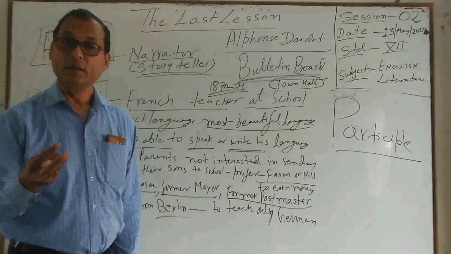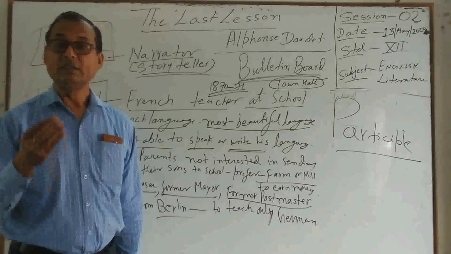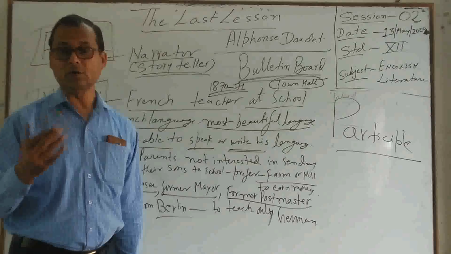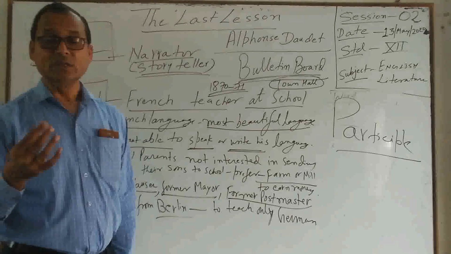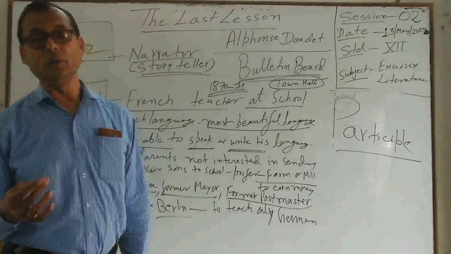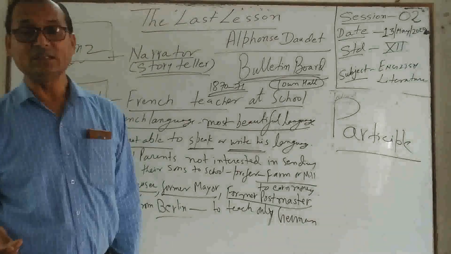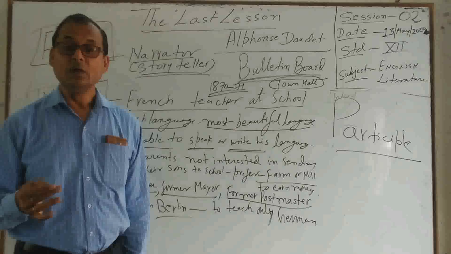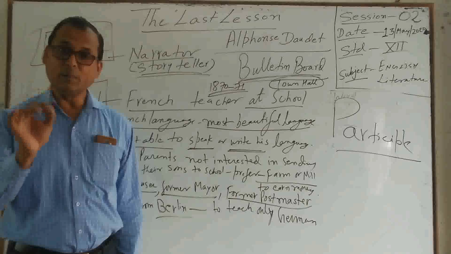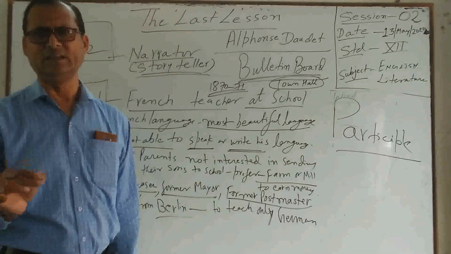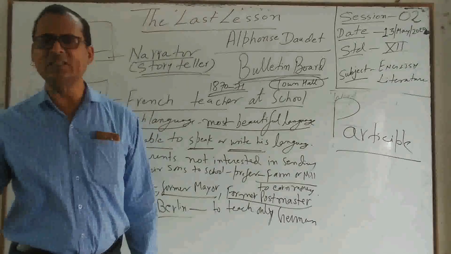Means what were the changes? Number one, the position: everyone was sitting silently. Second, M. Hamel was not rough. He was very liberal. He was restless. Next, the three main old persons and other old persons were on the back benches, and this thought was in the mind of every person present there, that today after 12 o'clock there will be no French lesson.